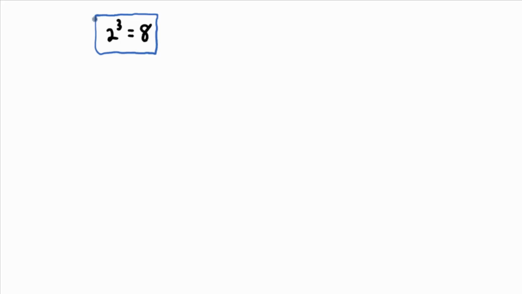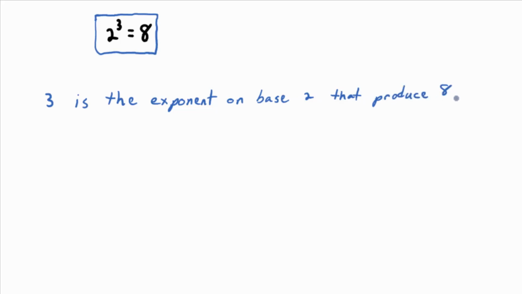If I wanted to write this statement using just regular words, I would say 3 is the exponent on base 2 that produces 8. It's a long way of saying the same thing, right?